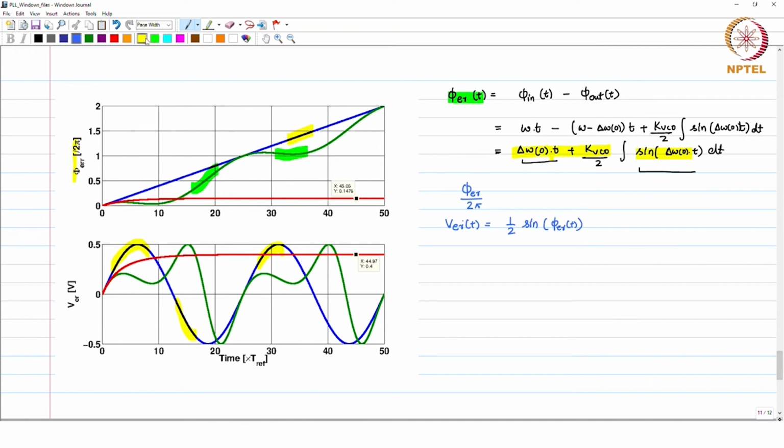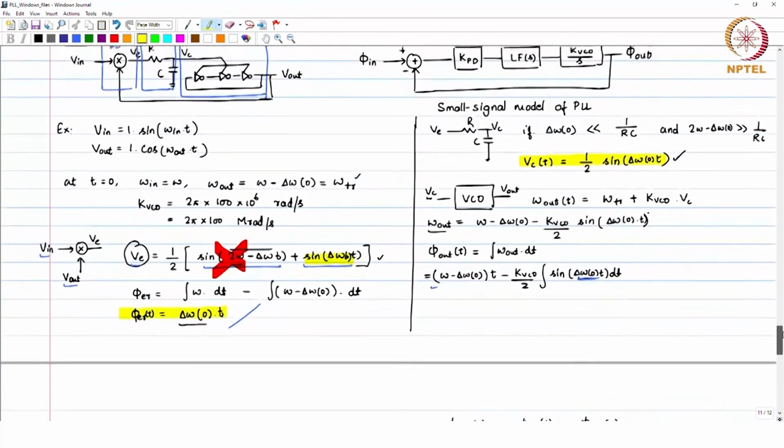So, in response to the phase error which is periodic in nature as shown here, I again plotted the error voltage which is shown by the green curve. Okay. So, all the things which I am plotting with respect to time, they are like treating different blocks of the PLL in parts.